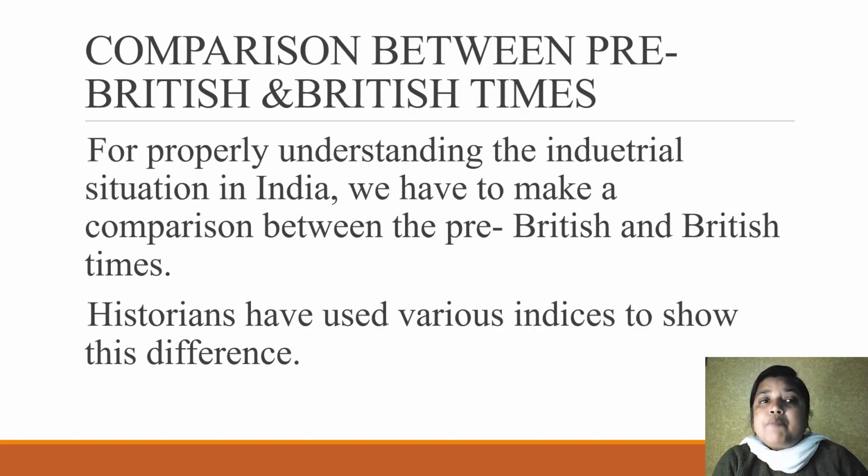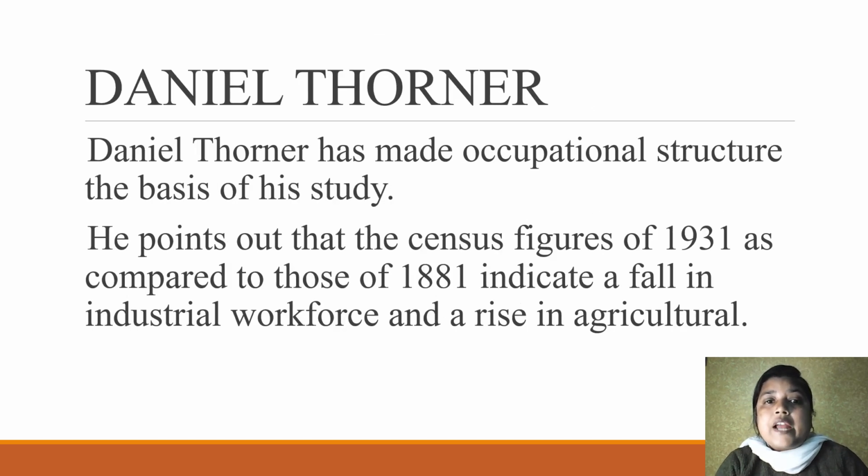If we compare the industrial situation in India between the pre-British and British times, we find that historians have used various indices to show this difference. For example, Daniel Thorner has made occupational structure the basis of his study, and Daniel Thorner points out that the census figures of 1931, as compared to those of 1881, indicate a fall in industrial workforce and rise in agricultural.